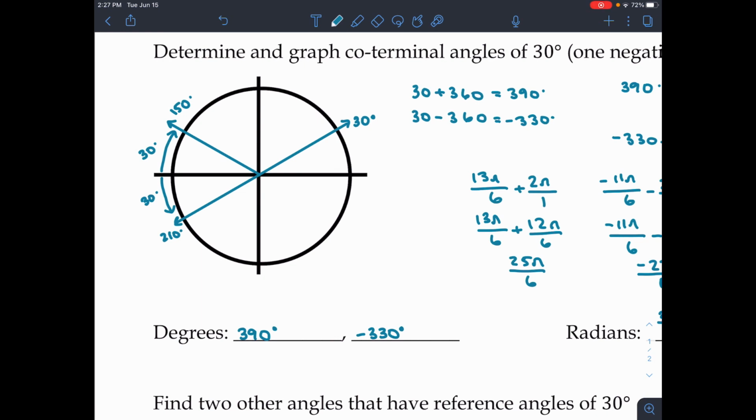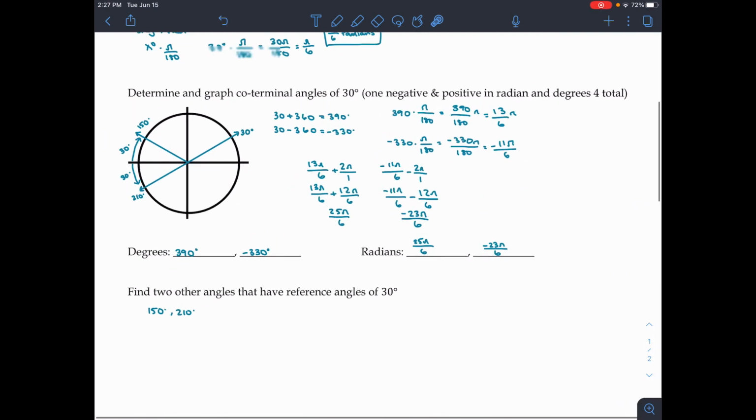And then we subtract 360 from 30, which is negative 330. Those two would be the coterminal angles in degrees.